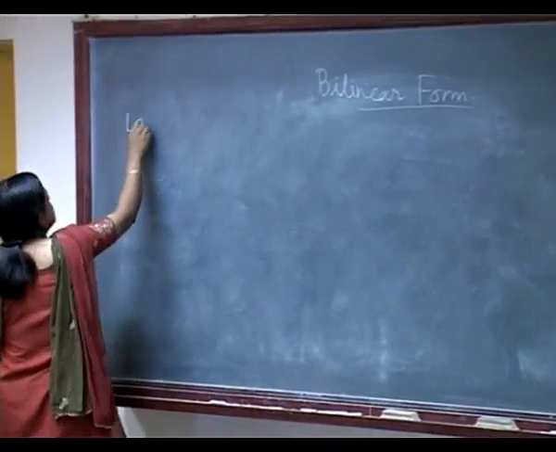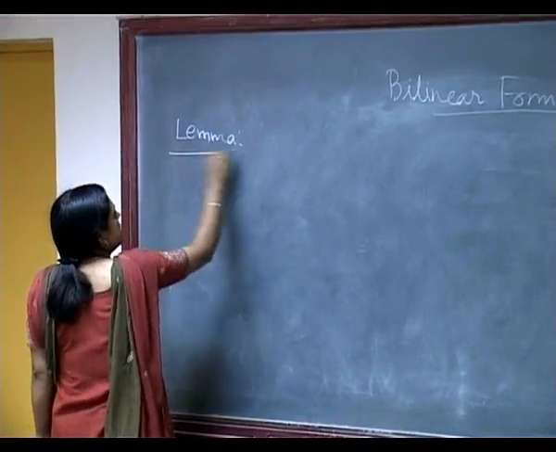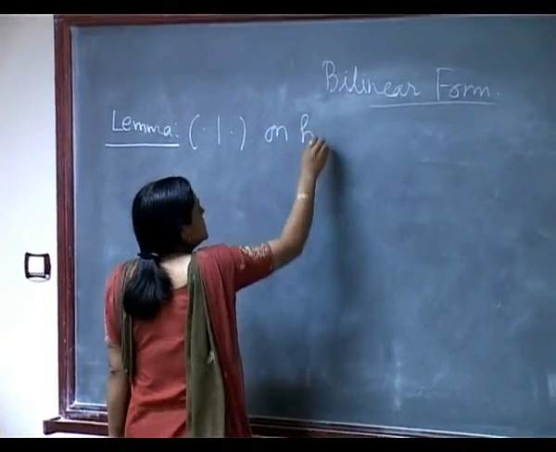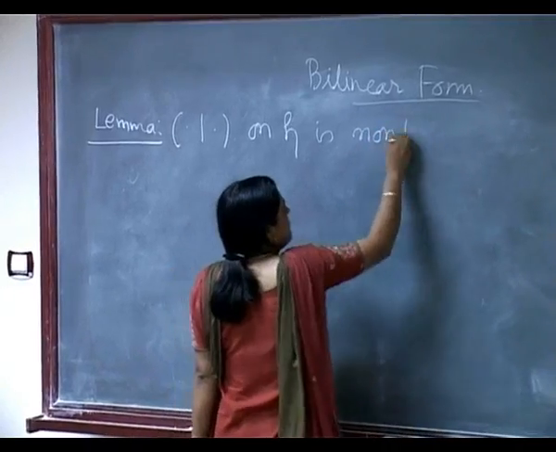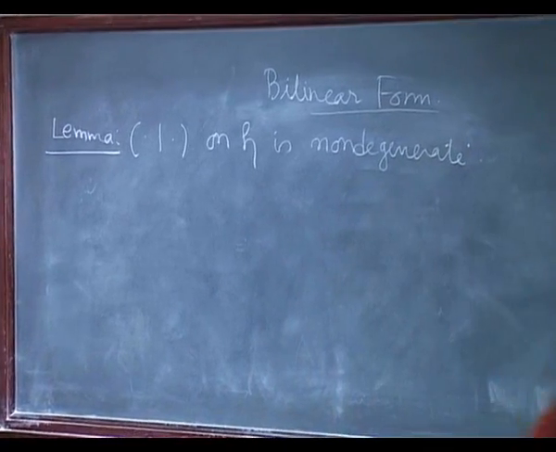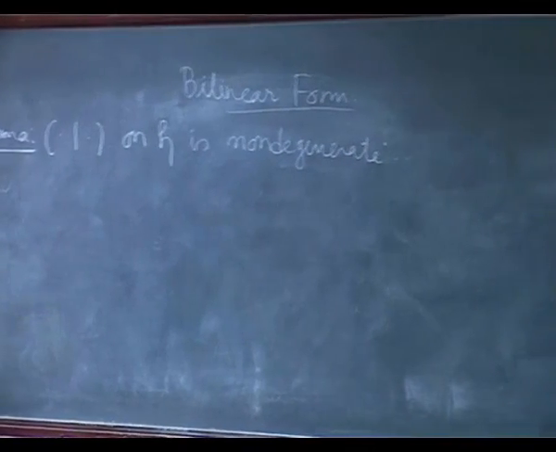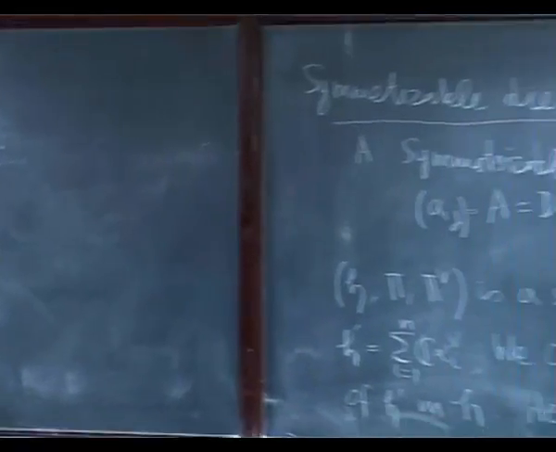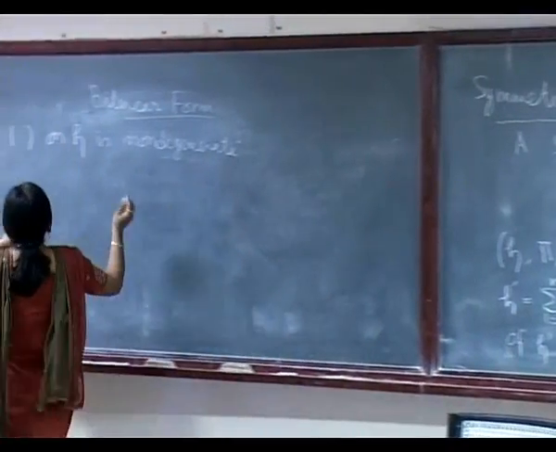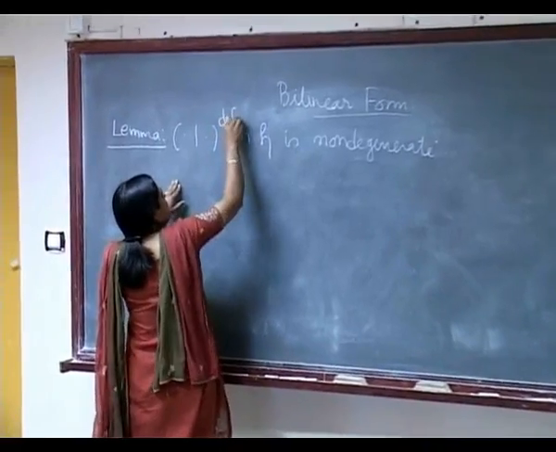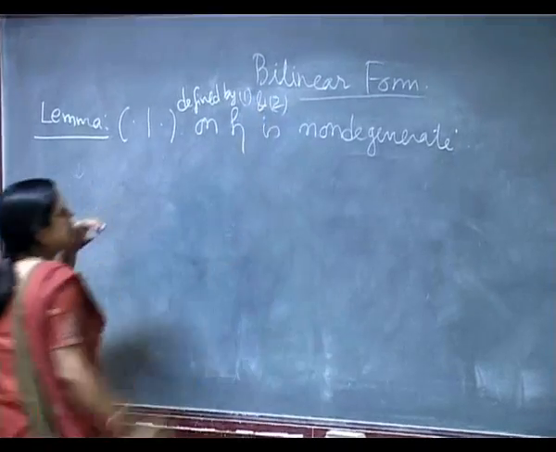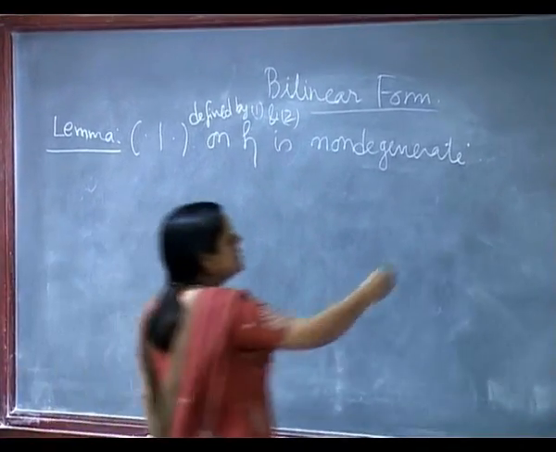This is a lemma which says the bilinear form on h defined by 1 and 2 is non-degenerate on h. So, this is an exercise.